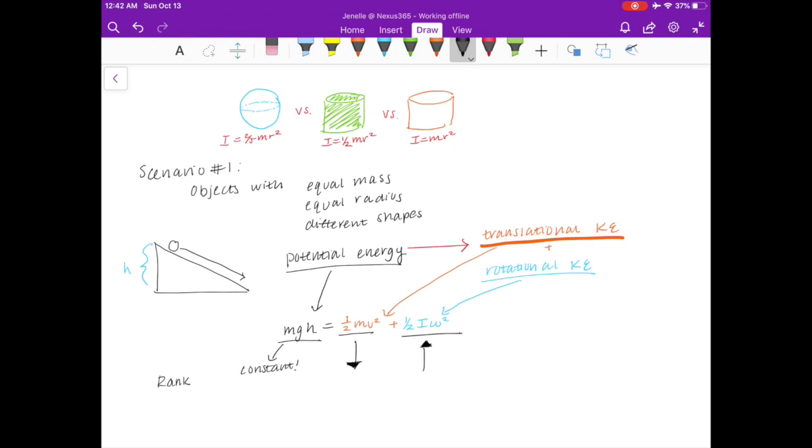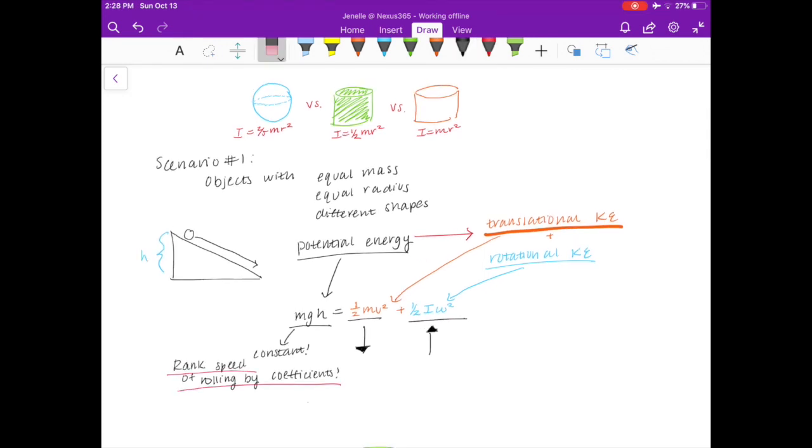So we can figure out who will roll down the incline the fastest by looking at the coefficient constants of the moment of inertia of each of the shapes, which is 2/5 for the sphere, 1/2 for the solid cylinder, and 1 for the hollow hoop. The larger the moment of inertia, the slower the object should move down the incline. So ranking these shapes fastest to slowest, the fastest should be the solid sphere, then the solid cylinder, and finally the hollow hoop.